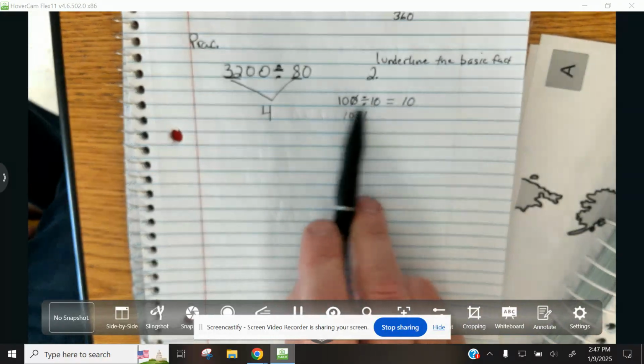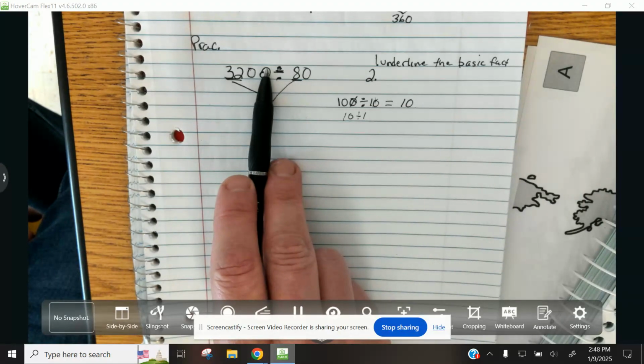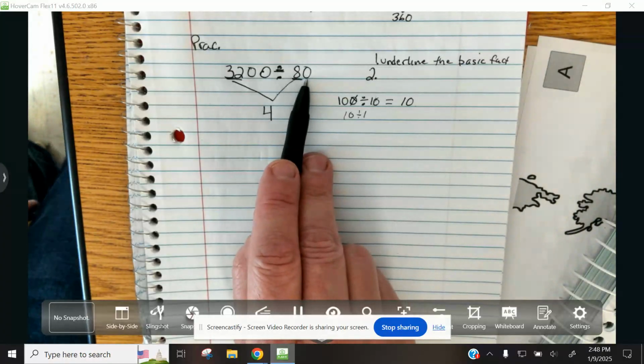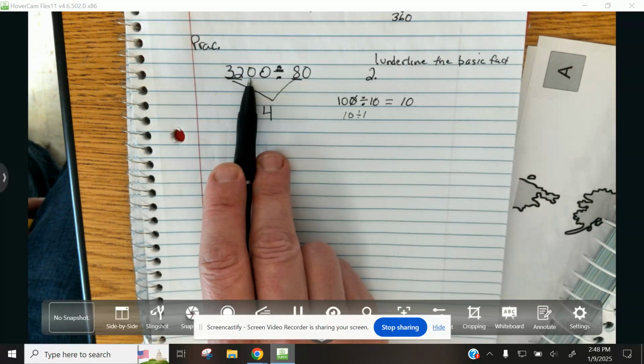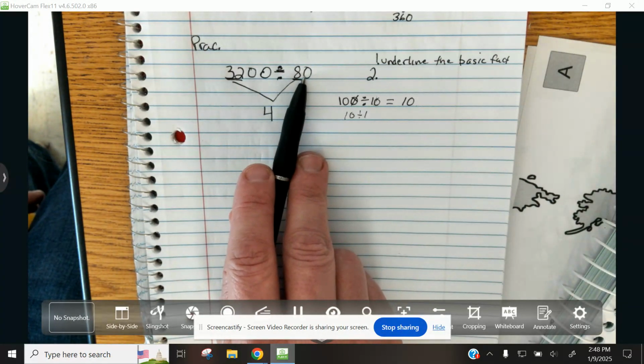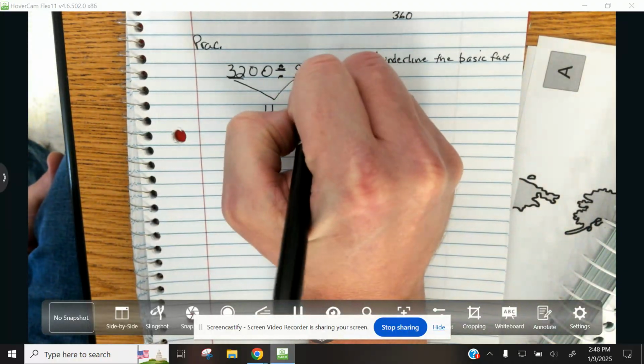So basically what happens when you divide by a power of 10 number is that 0 cancels out the other 0. So we're going to look on this side. How many zeros do I have? I have 1. How many zeros on this side? I have 2. Well, how many zeros can I cancel out? How many divide out into each other? There's going to be 1. So I'm going to cancel this 0 out.